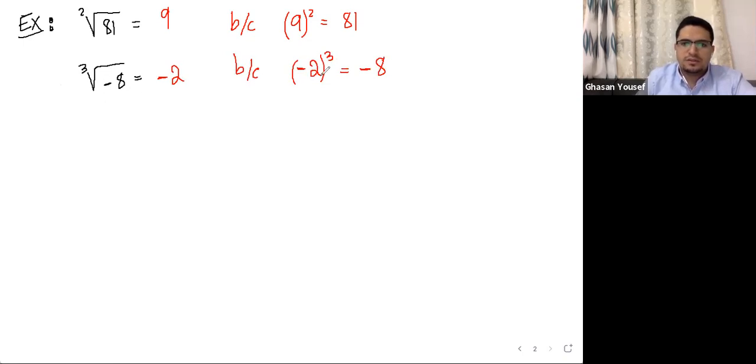So this is correct. Also look, 3 is an odd number, which means I can plug in a negative number. Look here, minus 8 is negative. I can plug in a negative because it's an odd root, 3. The 3 is odd, so I can plug in a negative here. It's fine, it will not give any issues. But because here it is an even root, 2, the number must be positive.